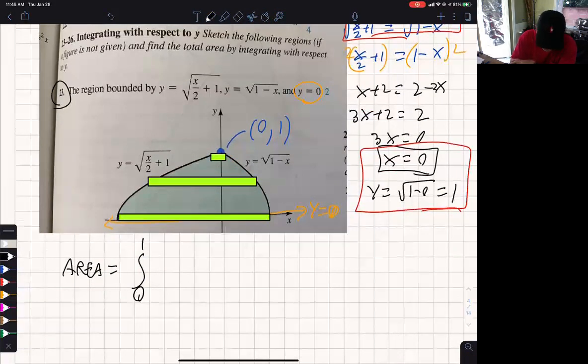Well, the width of this is going to be a change in y. It's going to be dy. And the length, now this will be big X minus small x. How do we do that? Someone asked me, how do I know? I claim this is big X and that's small x.